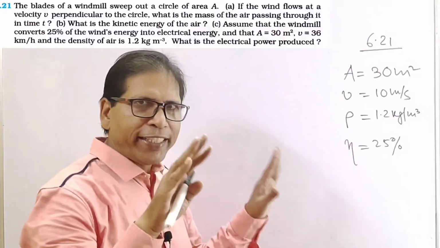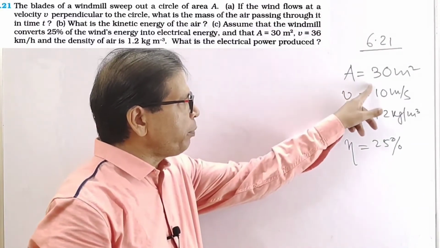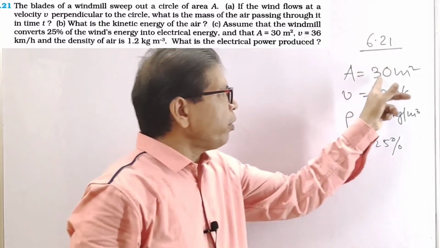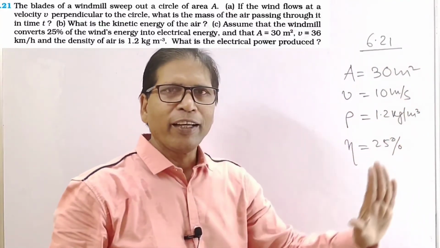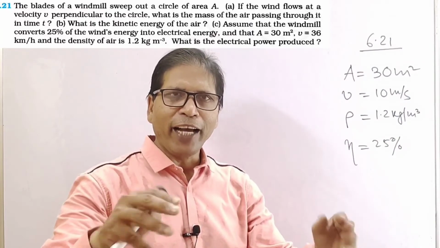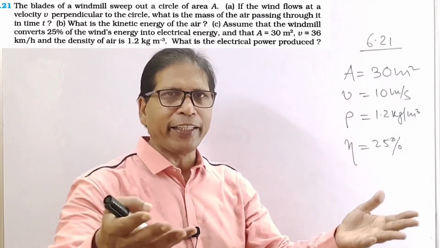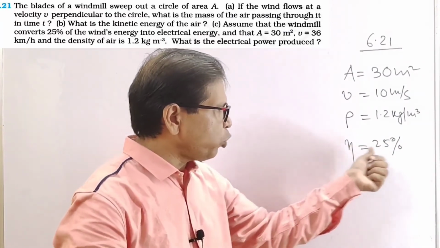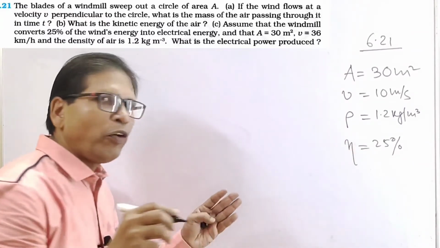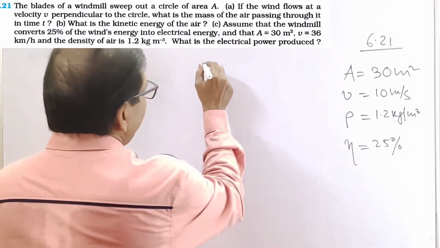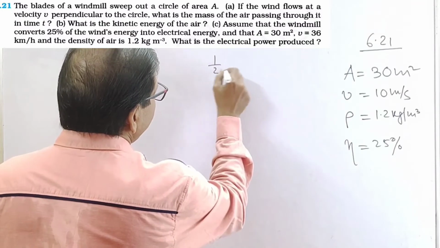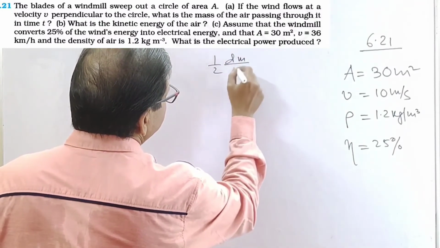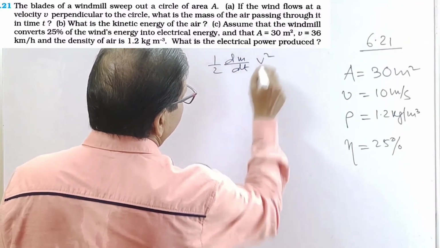The wind strikes the blade of a windmill of area 30 meters square. We have to calculate the electrical power generated if the efficiency is 25%. Now the rate of wind energy is half dm by dt into v square.